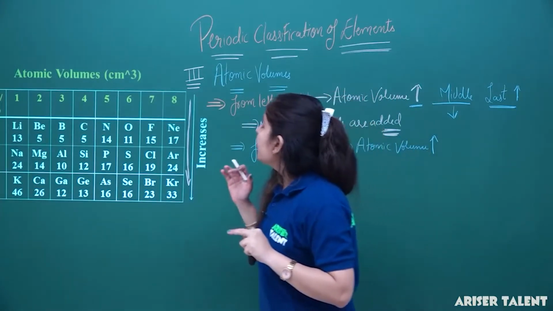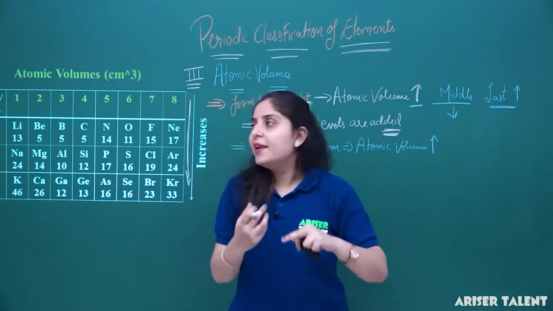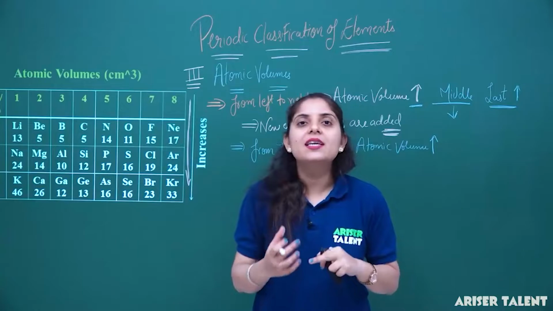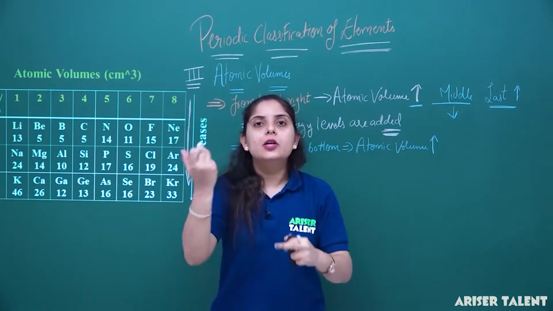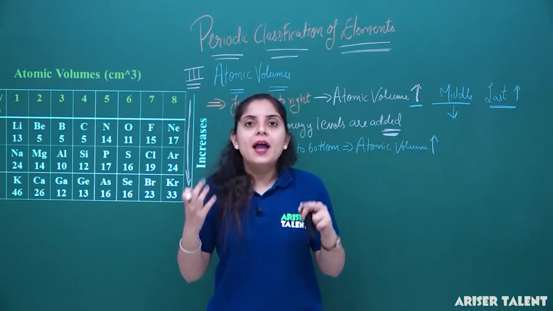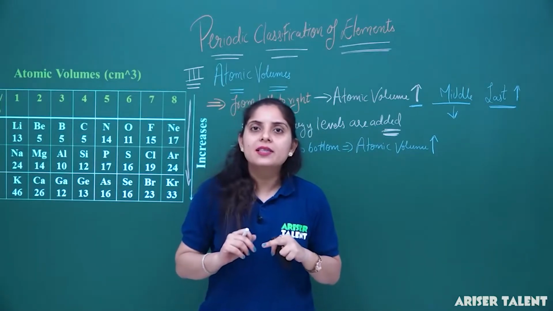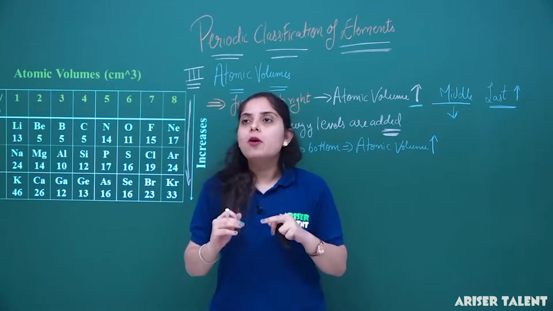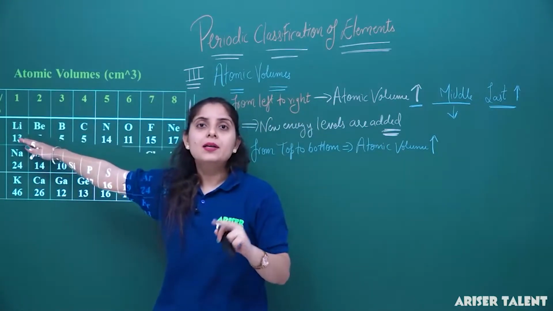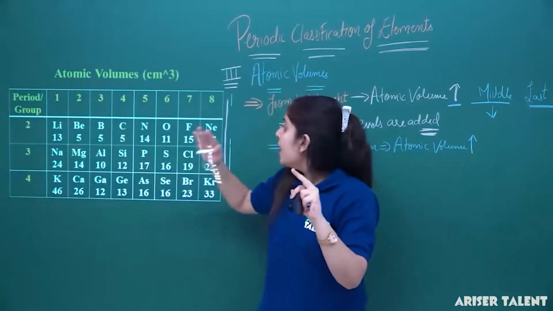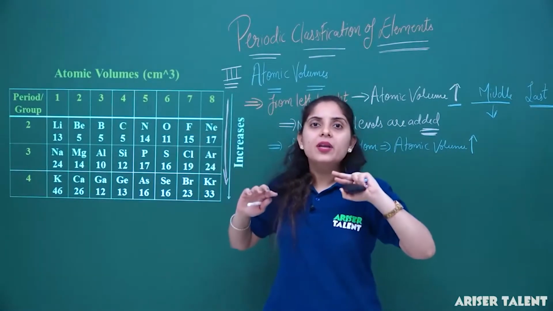It is increasing because as more valence electrons are added in the valence shell, the size of the atom increases. As the size increases, the atomic volume gradually increases. And the effective nuclear charge is also going to increase in the periodic table. So what we have observed in the left part of the table is the first reason, and in the last part of the table the second factor increases.